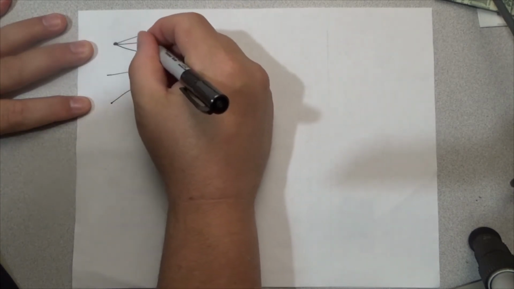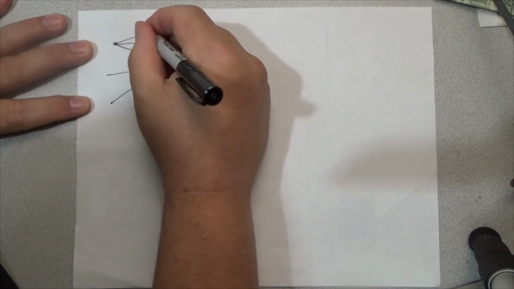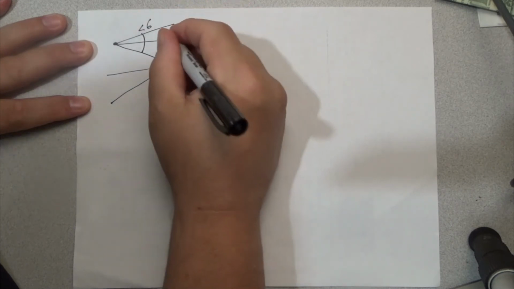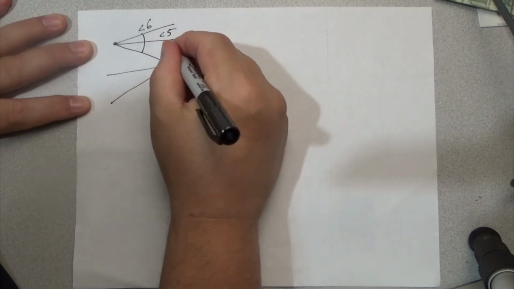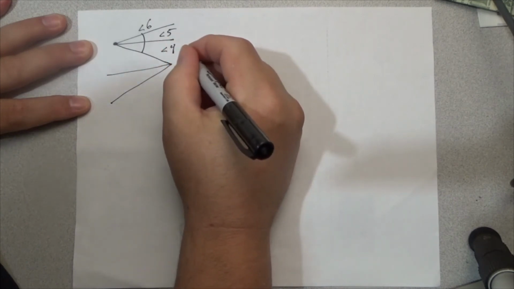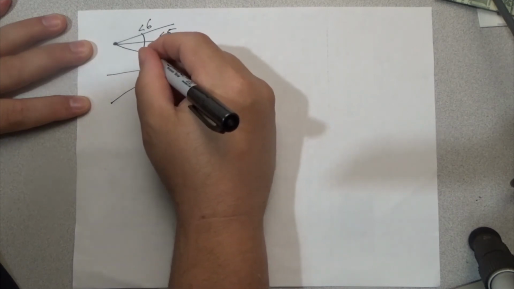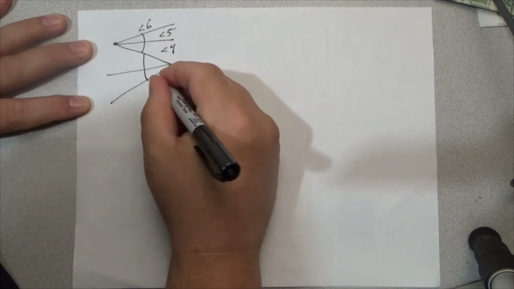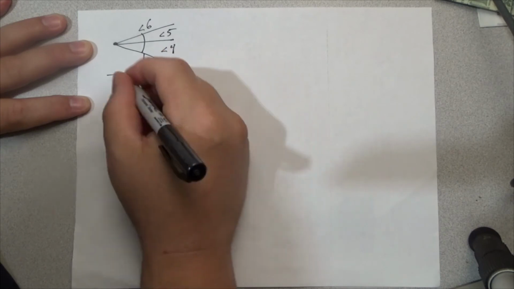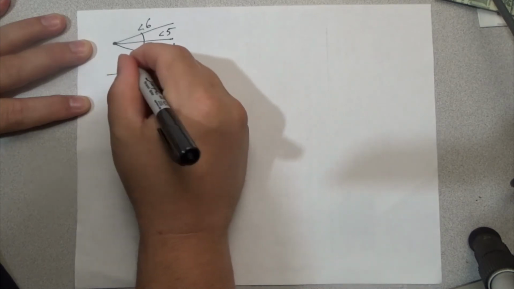Okay, so we've got that as angle 6, angle 5, angle 4. And we've got this one as angle 3, and angle 1, and angle 2.